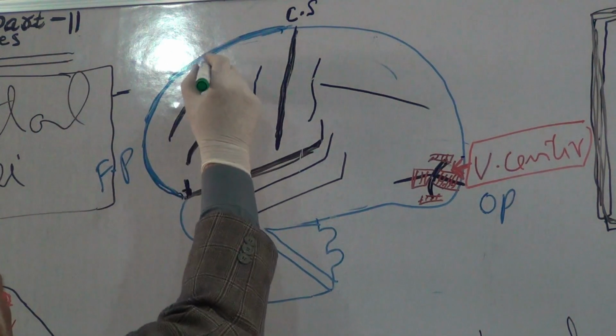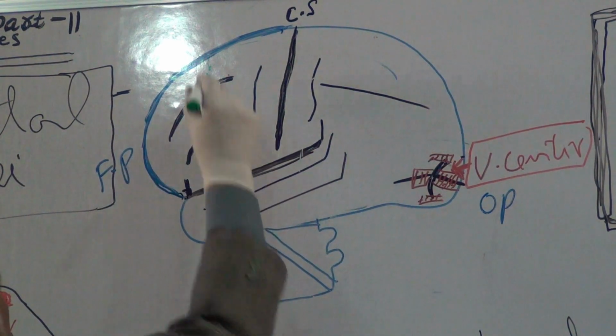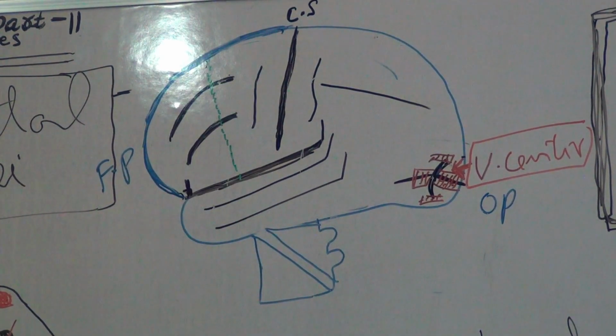Now here is a supposed imaginary line. Now you can see this is the middle frontal gyrus, superolateral surface. This is the posterior end of the middle frontal gyrus. Areas number 6 and 8.